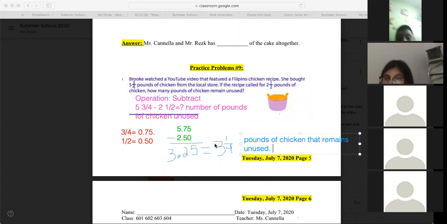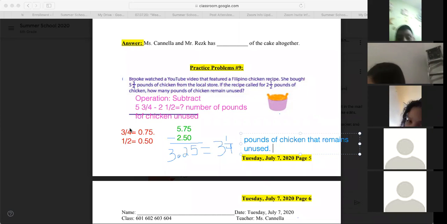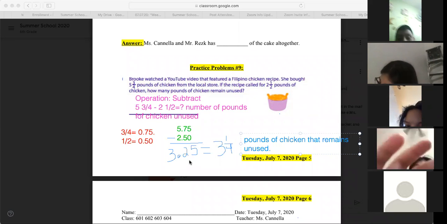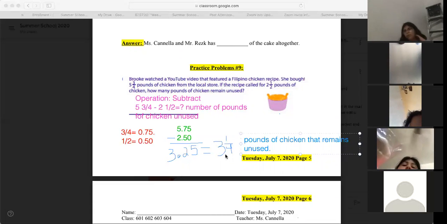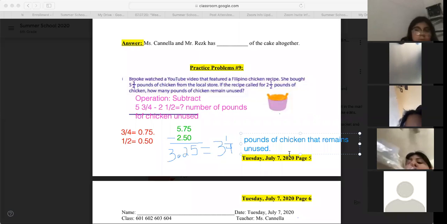We converted the fraction into decimals, and then we subtracted. And when we subtracted, we received the decimal component. So 3 and 25/100 is the same as 3 and 1/4, because 25 is the same as 1/4. So 3 and 1/4 pounds of chicken remain unused in Brooke's YouTube chicken recipe.